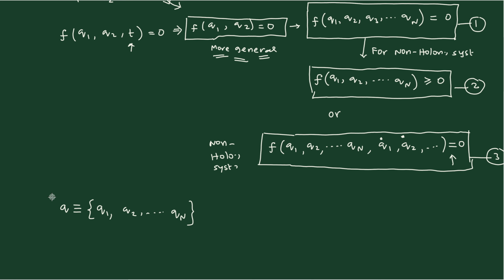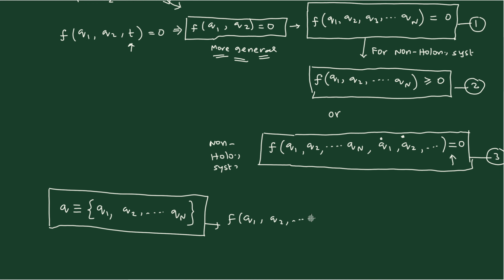Okay, so this notation, what is the advantage of this notation? That is very important because I can write down f of q1, q2, etc. up to qn equal to 0 in a shorthand representation as f of q equal to 0. These two are the same. So you can see the advantage, you need not write so many things.